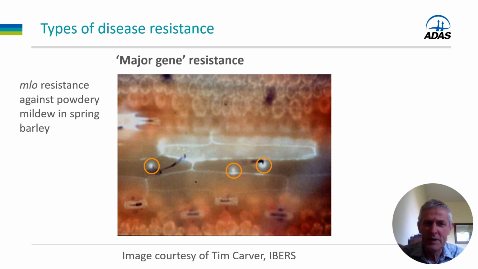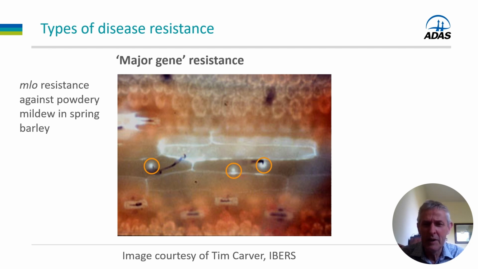But that's not always the case with this type of resistance, and particularly when it comes to resistance against the rusts. And the reason for that is that for this type of resistance to be effective, the plant has to detect very rapidly that a pathogen is present on its leaf surface and kick in these resistance responses. And it's rather analogous to how the human immune system detects the COVID virus.